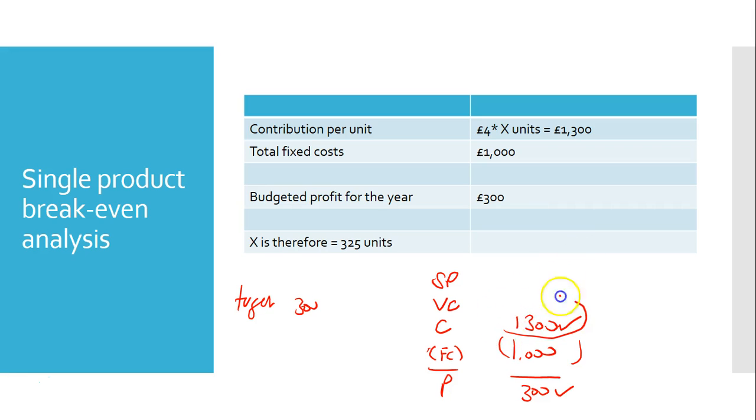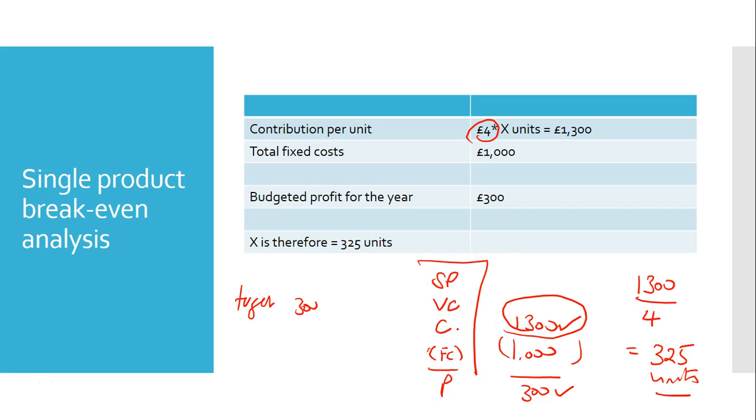And if contribution is 1,300 and I know that contribution per unit is 4, therefore the number of units I need must be 1,300 divided by 4, which gives us 325 units. So in a way it's kind of working backwards, but just have this model in your head. It is what's going on, but just be comfortable with this relationship and you should always arrive at the answer.